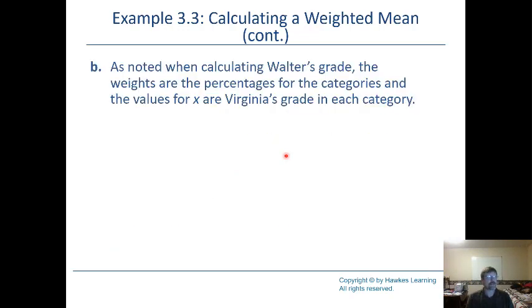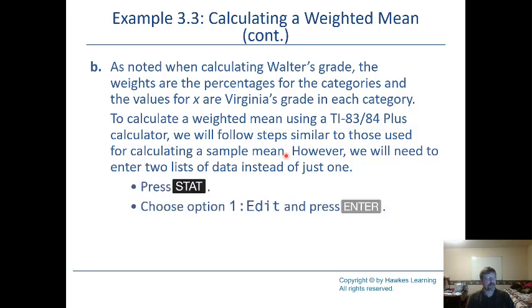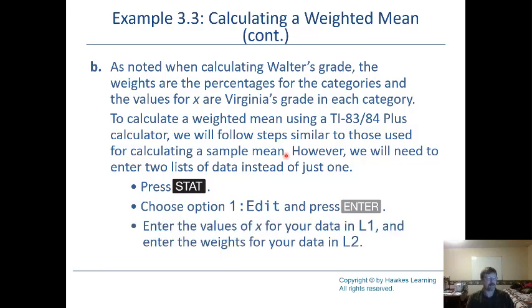So here are Virginia's grades, and they did this one with the TI. We need to enter 2 lists of data instead of just one. I did not do this calculation yet. Press stats, choose edit, enter.